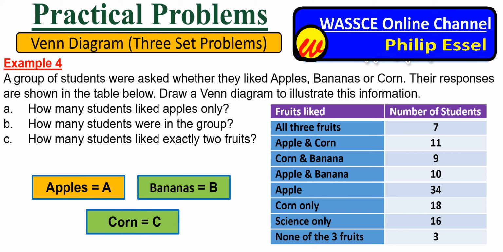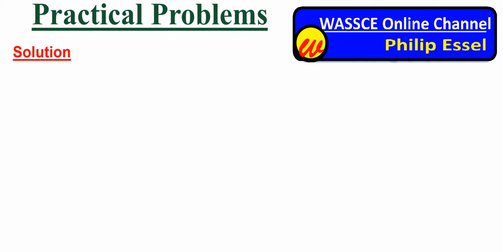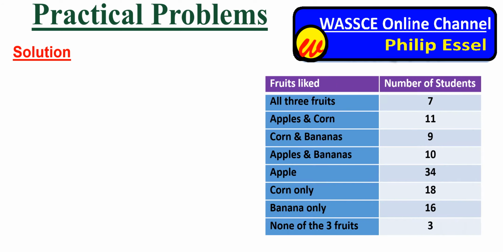Let's move this table to a fresh page and use it to complete our Venn diagram. So let's look at the solution to this problem. Let's first draw our table.